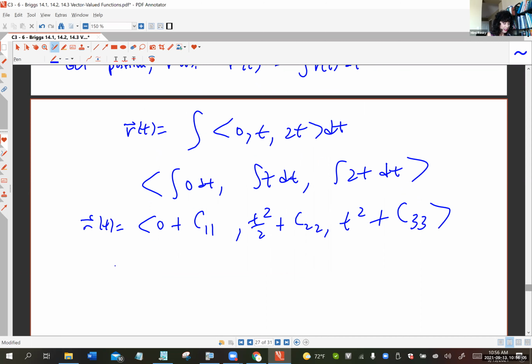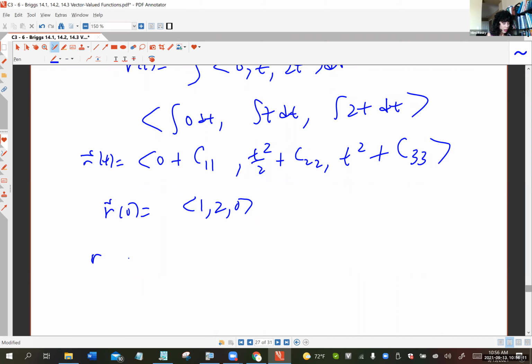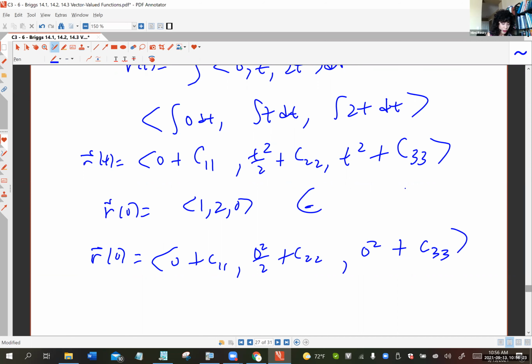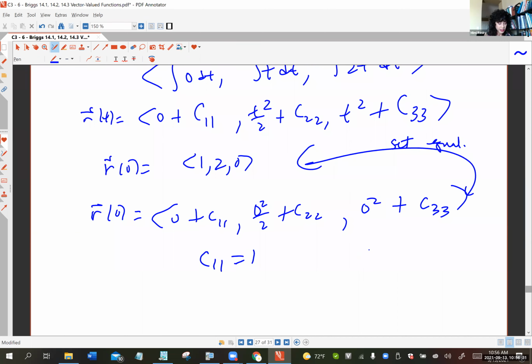They did tell us that R of 0, our initial position, was 1, 2, 0. So if we evaluate R of t at time t equals 0 seconds, we'll be able to set these two equations equal to each other, and then you'll get your C11, C22, and C33. It turns out it is going to be 1, 2, 0. So C11 is 1, C22 is 2.